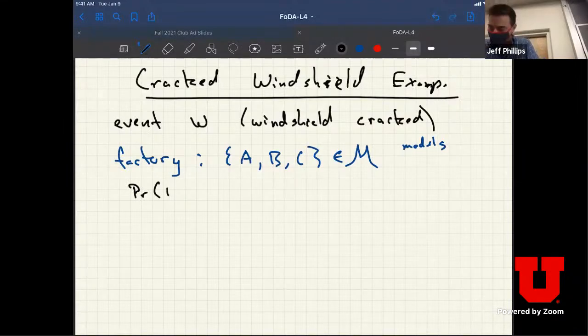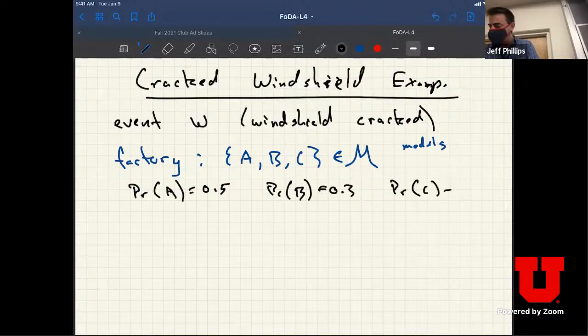Factory A was 0.5, factory B was 0.3, and factory C was 0.2. So something like 20% of the cars that would have come to me, I don't know which one it came from, but it would have come from factory C 20% of the time, factory B 30%, factory A 50% of the time.